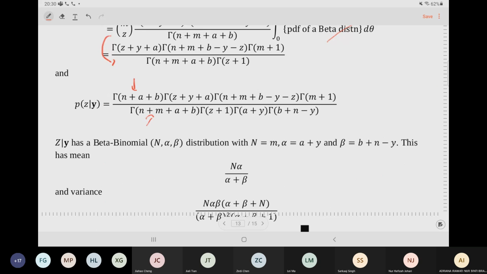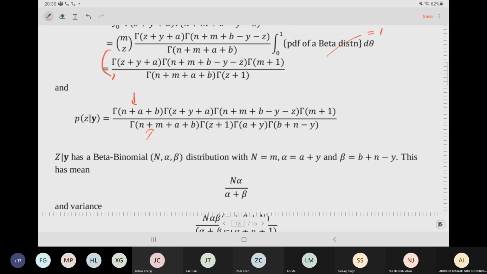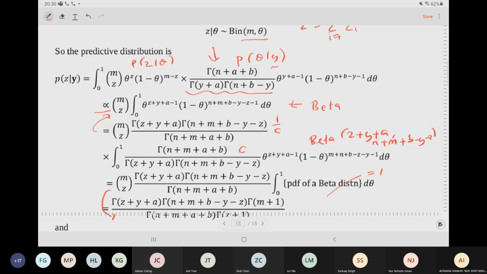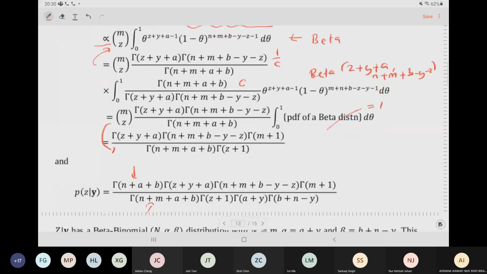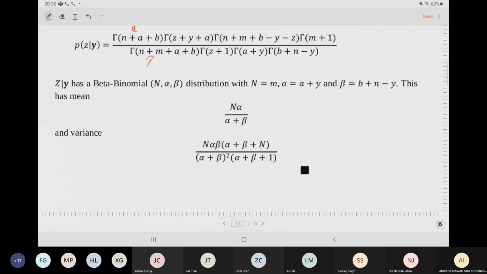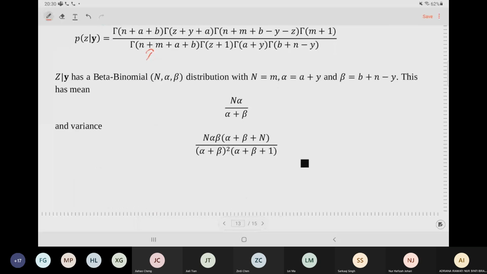Okay, so the idea here is that you have to actually integrate, right? And then you have to simplify, and then you have to find the distribution. So yeah, it's long. Okay, so the other way, instead of finding the distribution, we can also just find the mean and variance. For example, if you want to find the summary of the distribution, we can only find the mean and variance.